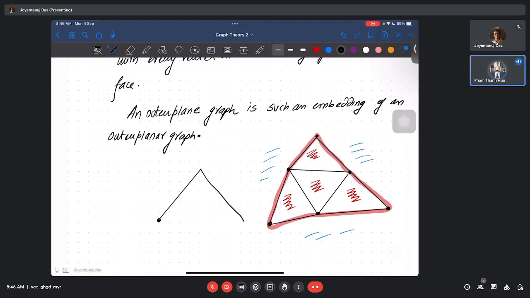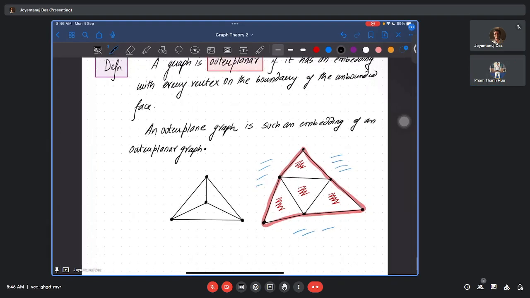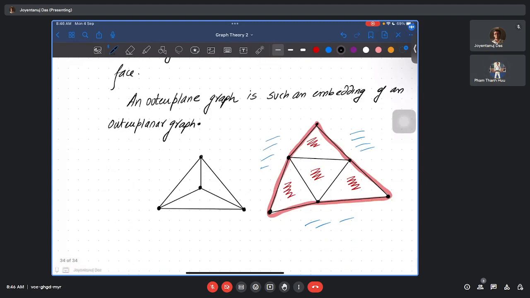If one vertex is inside, you cannot draw it with all vertices on the boundary. This is a planar graph, but it is not outerplanar because the boundary does not contain every vertex. Also, this is the smallest planar graph that is not outerplanar.